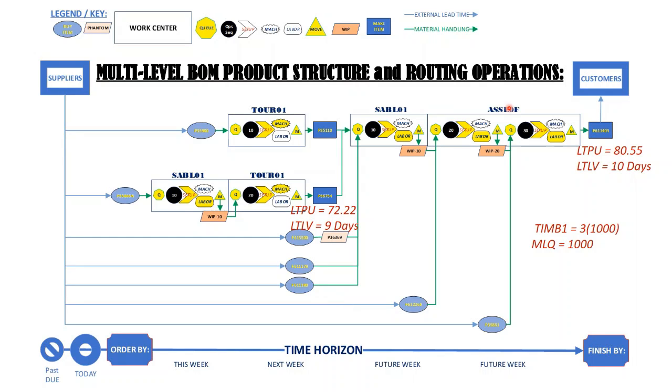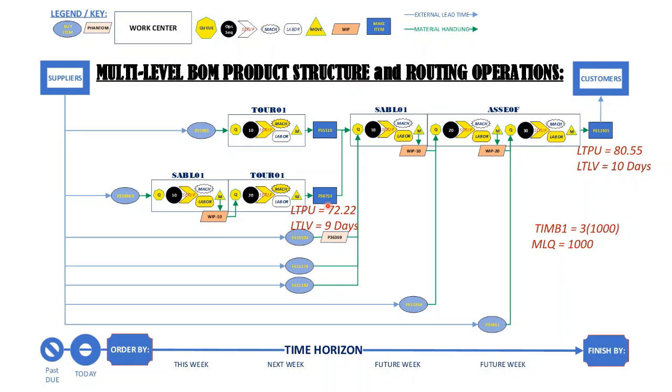So, in summary, when running the lead time roll-up, we got a lead time per unit of 80.55 hours per thousand, or 10 days per 1,000. All using the time basis code of 3, which was a rule to always be hours per 1,000, and that was leveraged to create a rule that we always display our lead time level at the same time basis value, which was 1,000.